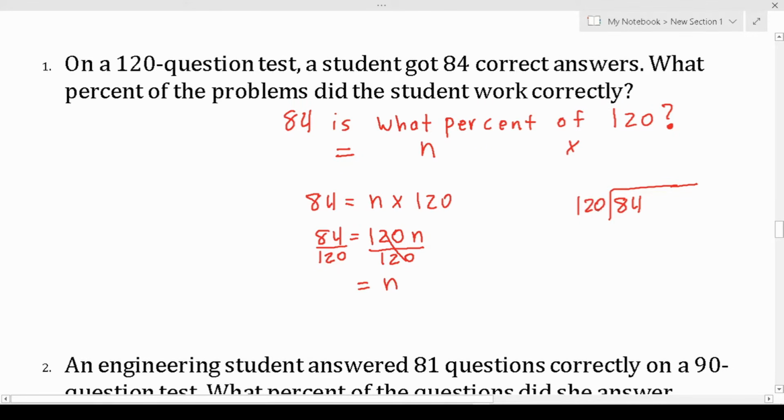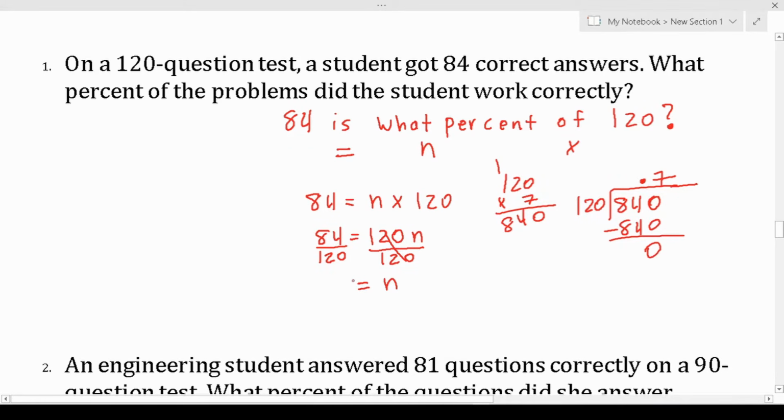Now we're asking ourselves, how many times does 120 go into 84? Doesn't. We have to add a 0 there. We add that 0, we have to bring up a decimal there. I'm going to say 120 goes into 840 7 times, but let's confirm that. 7 times 0 is 0. 7 times 2 is 14, carry your 1. 7 times 1 is 7, plus 1 is 8. So 7 times 120 is exactly 840.